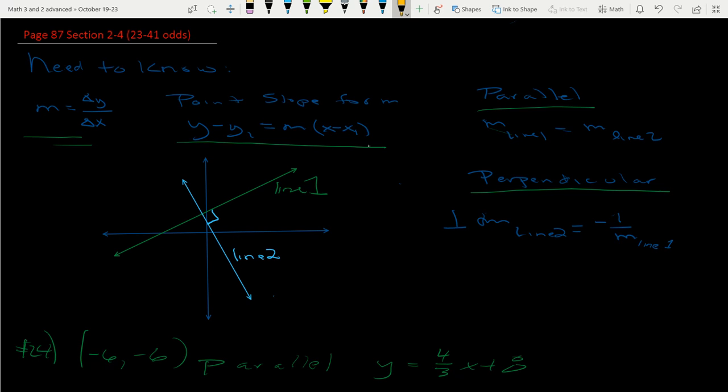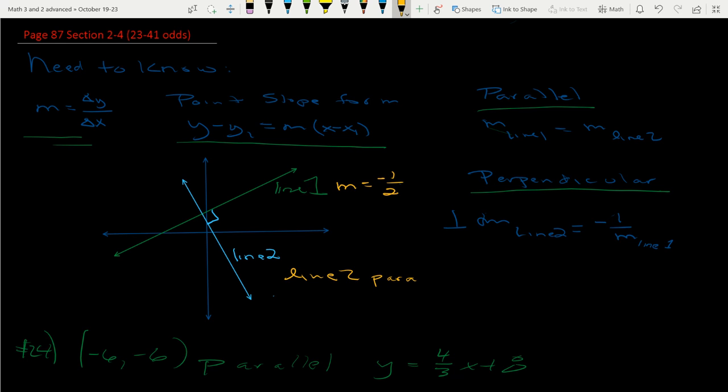So if we look at line 1, let's assume that line 1 has a slope equal to -1/2. If line 2 is parallel, I'll write it.